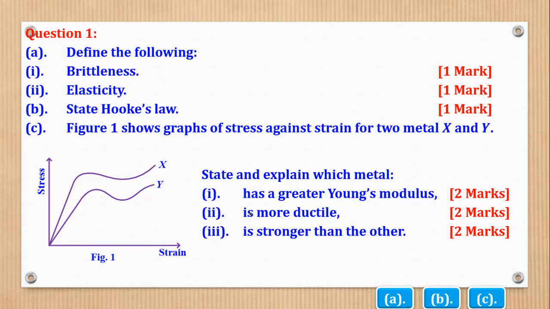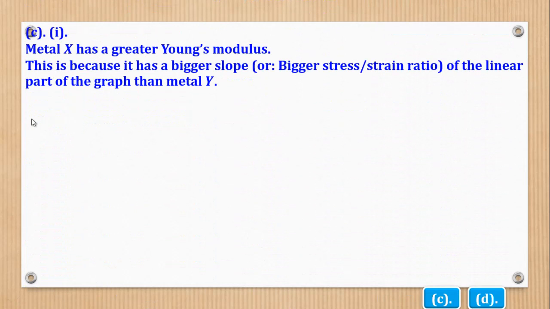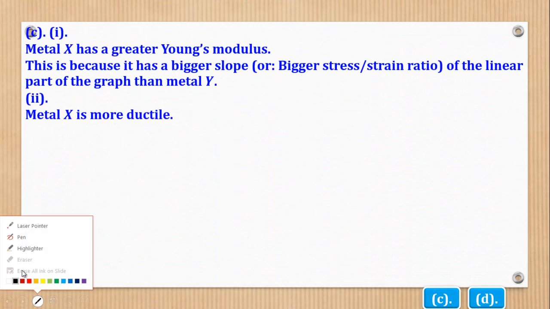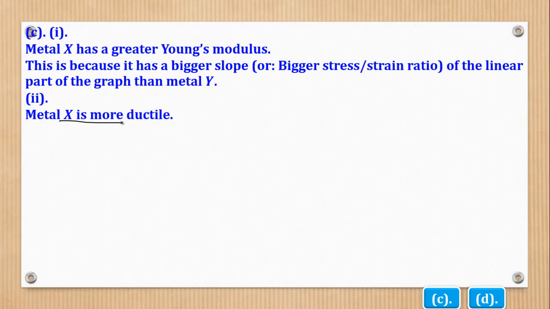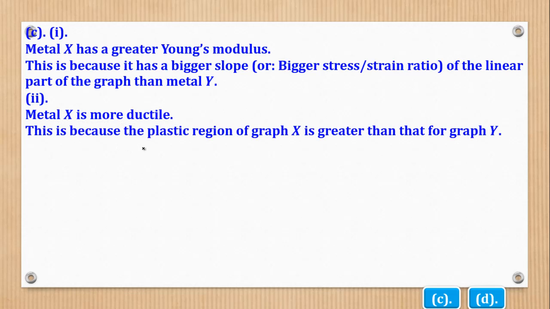Then Roman 2 was, which metal is more ductile? You have said that metal X is more ductile. And the question is, why? This is because the plastic region of graph X is greater than that for graph Y. So that is why it is more ductile.